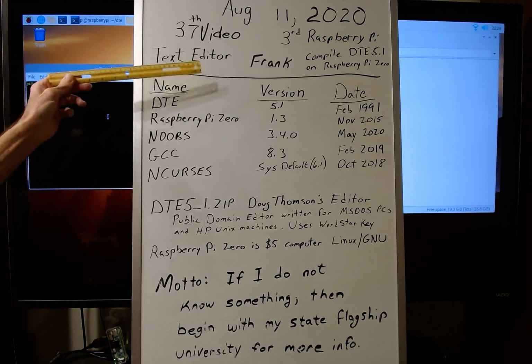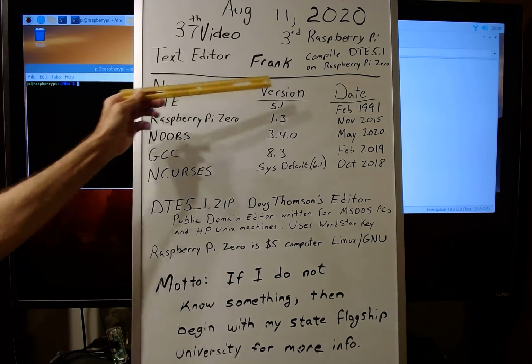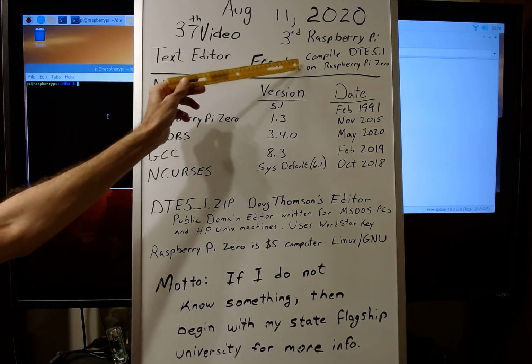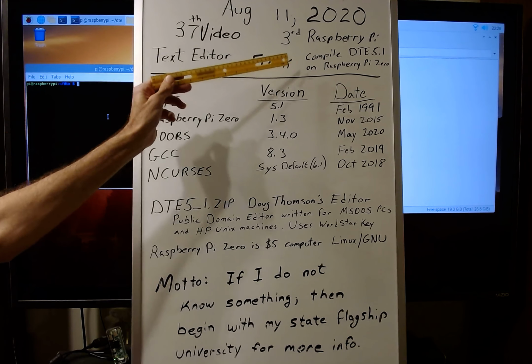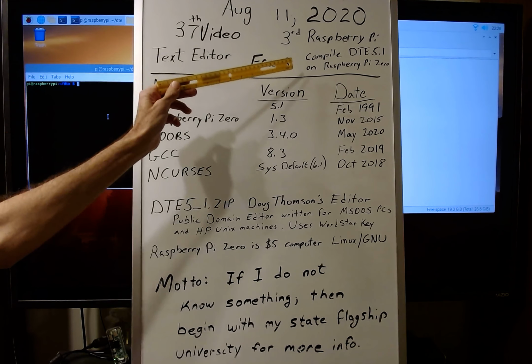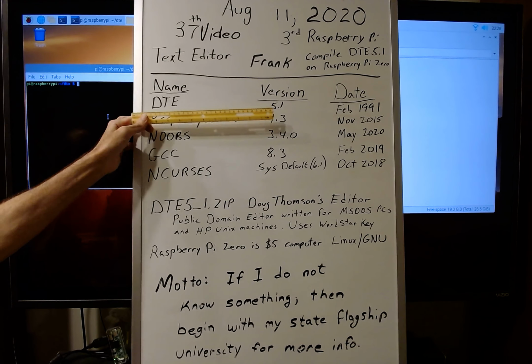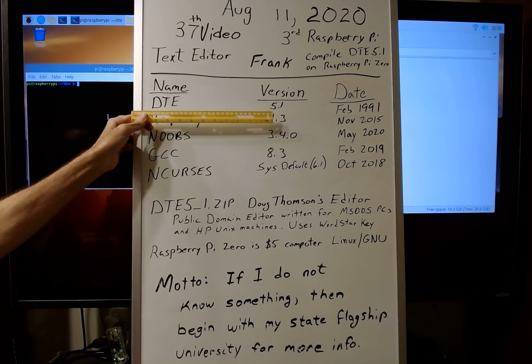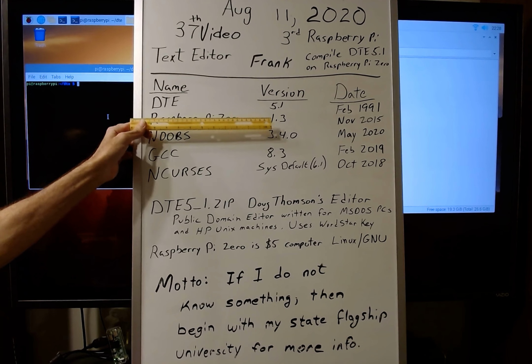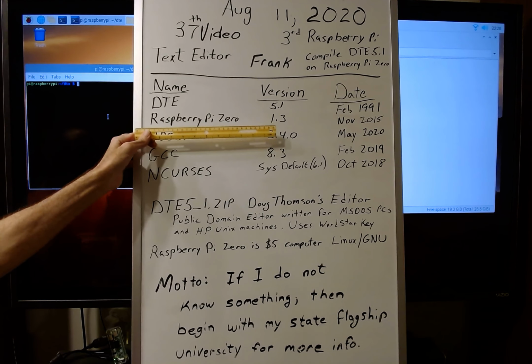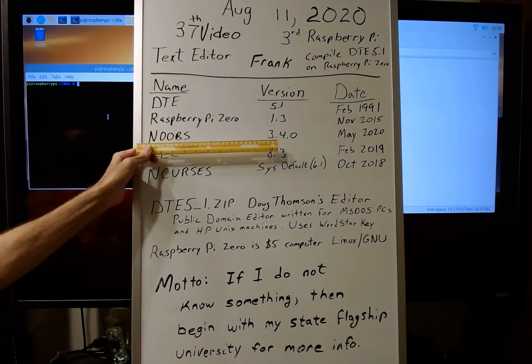I'm going to compile a text editor, and we're going to compile the DTE 5.1 editor on a Raspberry Pi Zero. And I'll be using the versions DTE 5.1, Raspberry Pi Noobs.